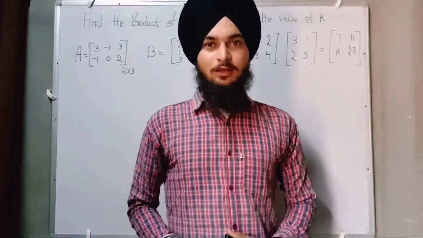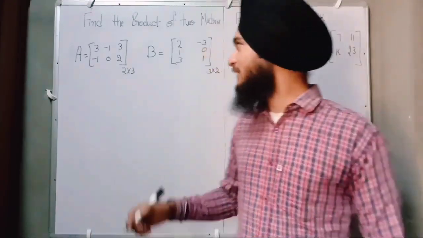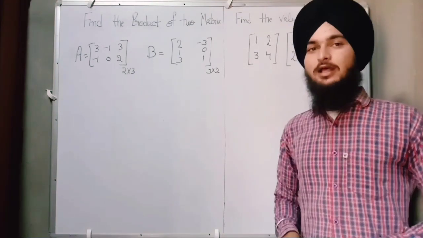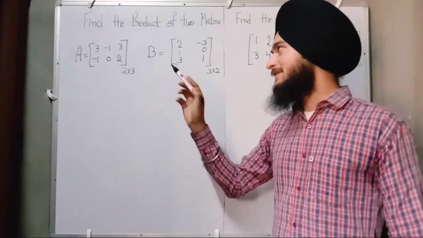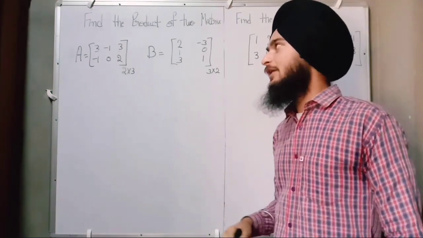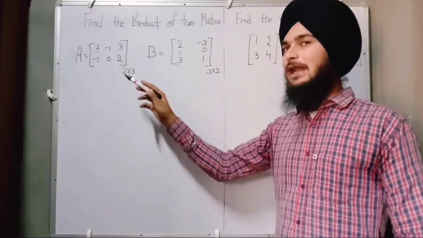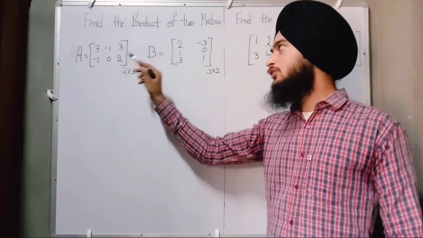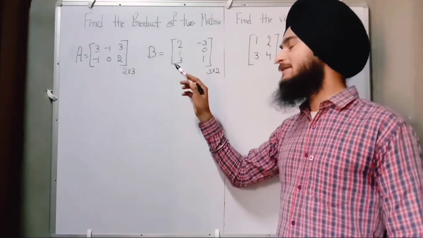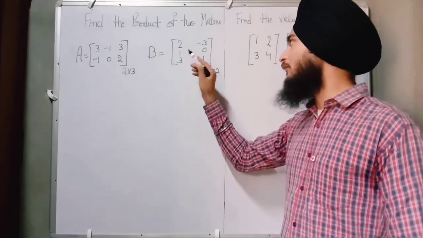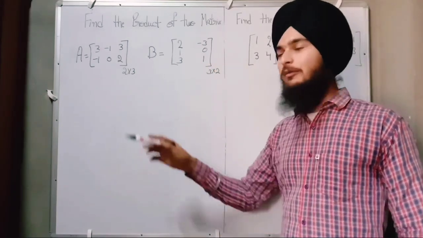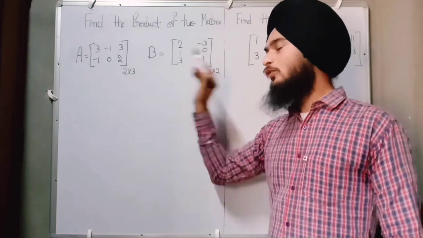Thank you. Hello students. Now we discuss how to find the product of two matrices. We have two matrices A and B. A matrix having elements 3 minus 1 0 2, and B matrix having elements 2 1 3 minus 3 0 1. The order of matrix A is equal to 2 by 3.